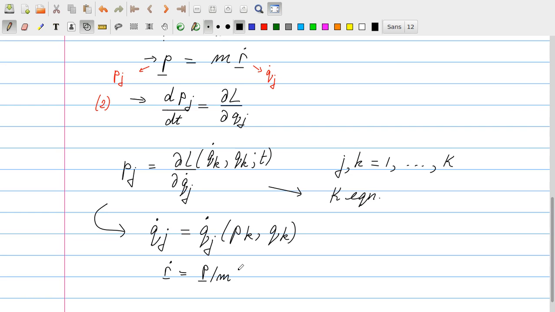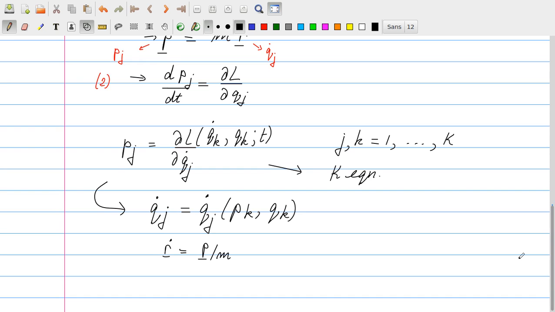So this may be a complicated task generally to find these qj dots as a function of the pk and the qk, but often it turns out to be quite simple, and in particular for a point particle in 3 dimensions we see that we can write the r dot, which is the qj dot, simply in terms of the p's by writing r dot as p over m, and nobody will be surprised by that.